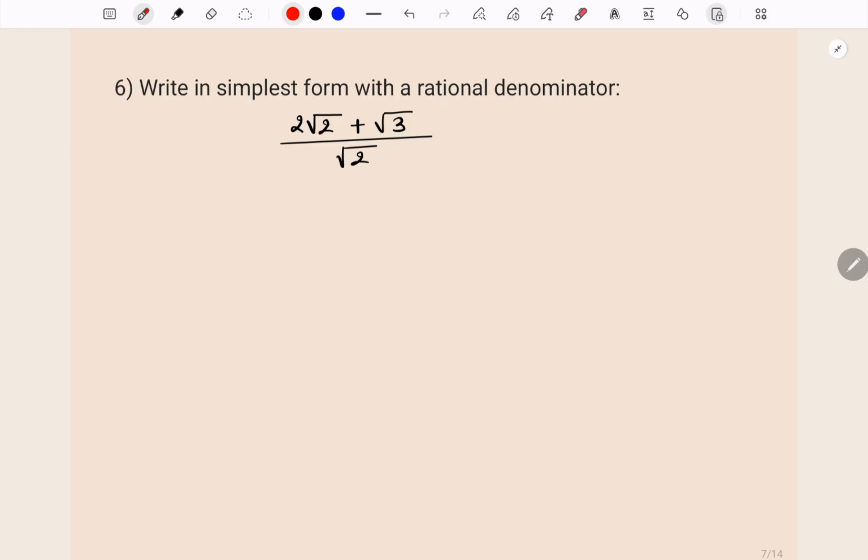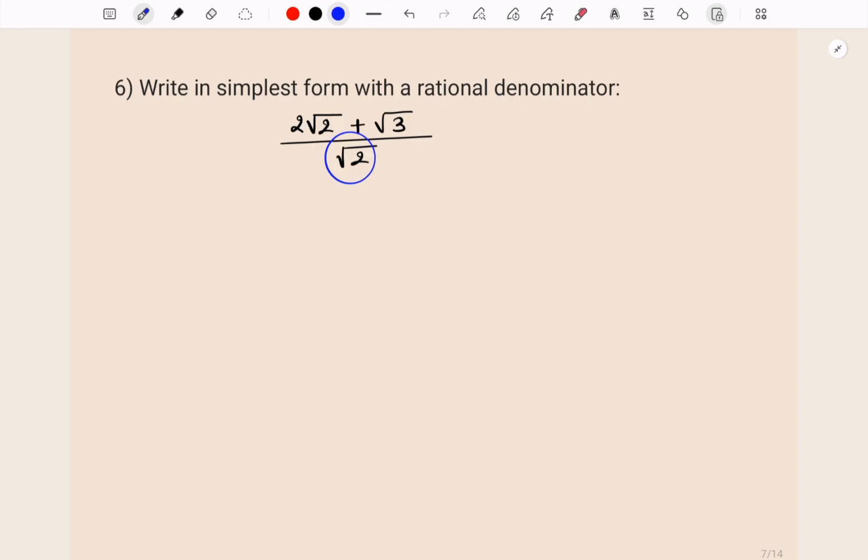Moving on to the next question. Write in simplest form with a rational denominator. So basically we need to rationalize the denominator in this question. If we look at the denominator, we will find root 2. Root 2 is a single surd present in the denominator.